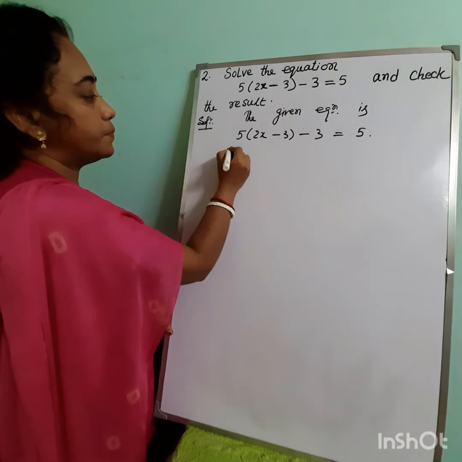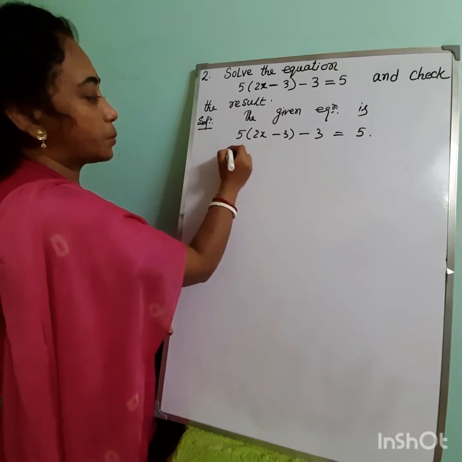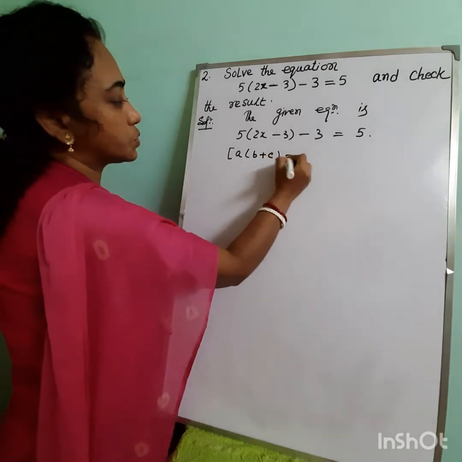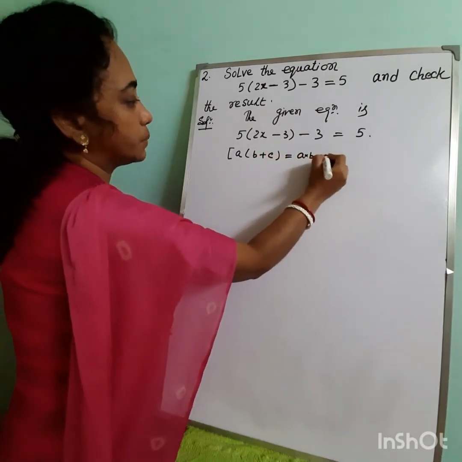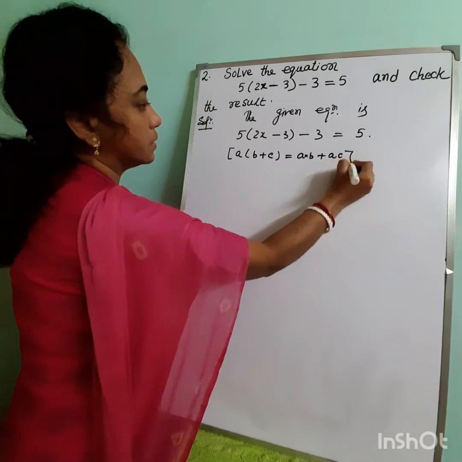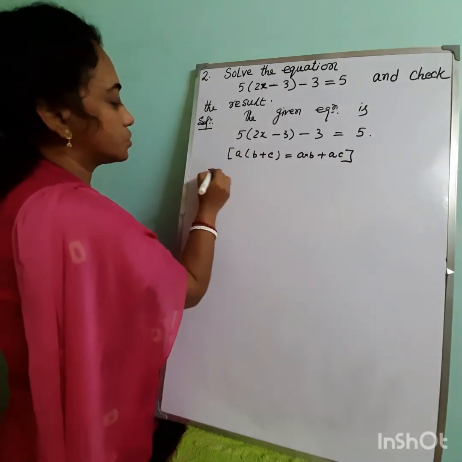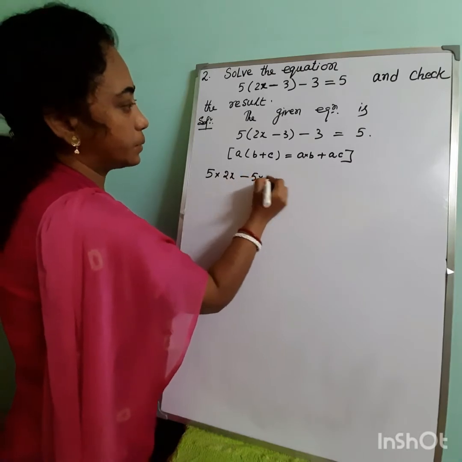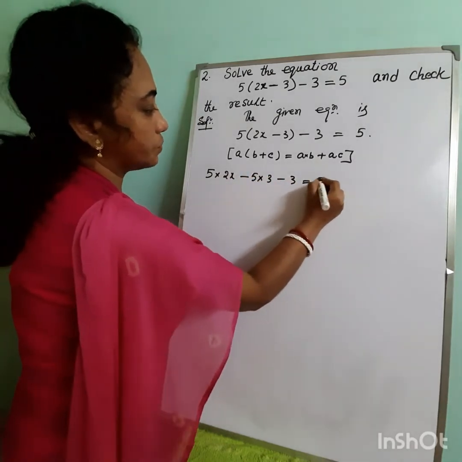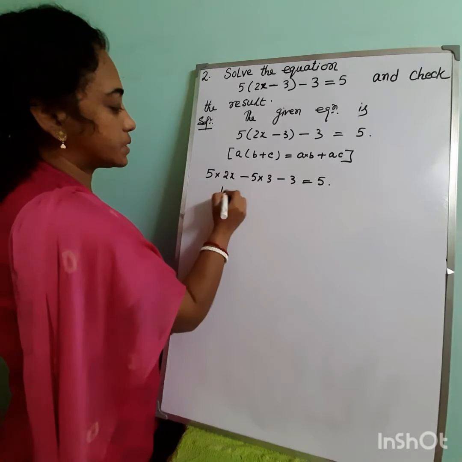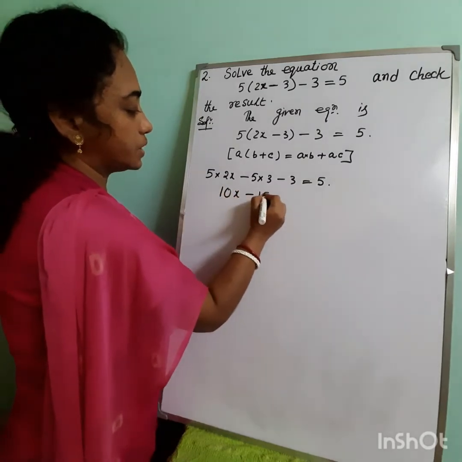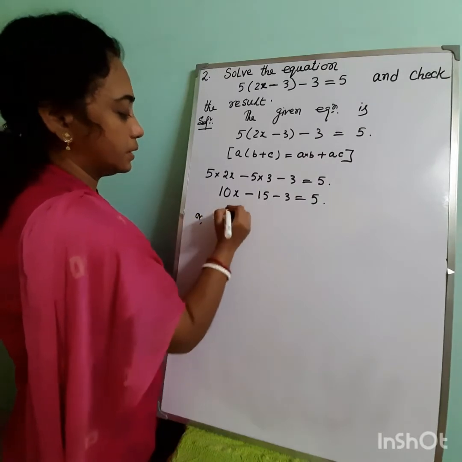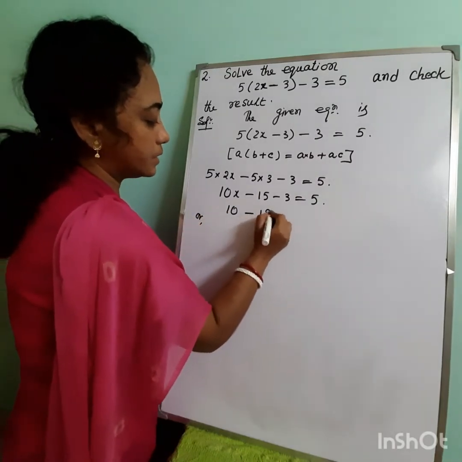We know by the distributive property that a multiplied by b plus c is equal to a multiplied by b plus a into c. So this we will apply here. So this becomes 5 multiplied by 2x minus 5 multiplied by 3 minus 3 is equal to 5. So this becomes 10x minus 15 minus 3 is equal to 5, or 10x minus 18 is equal to 5.